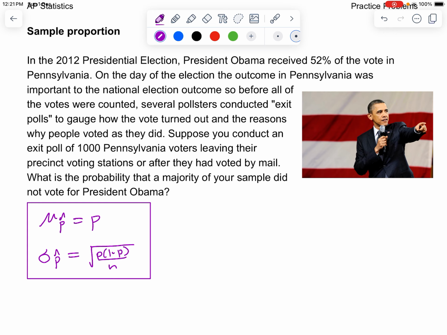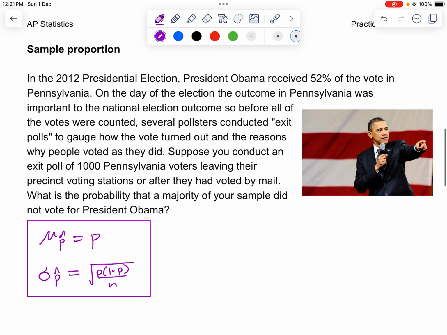Now that you've read through it, there are two numbers here that are very important. It says President Obama received 52% of the vote, so that's basically 0.52. That's our probability. And here it also says you conduct an exit poll of 1,000 Pennsylvania voters, so 1,000 is our sample size. Let's write down our mean for a sample proportion.